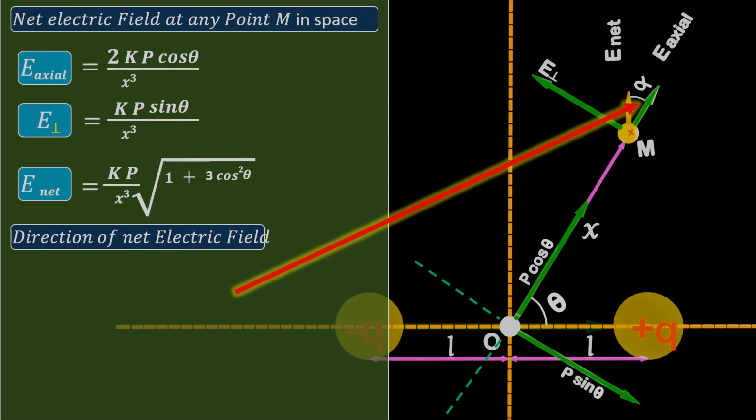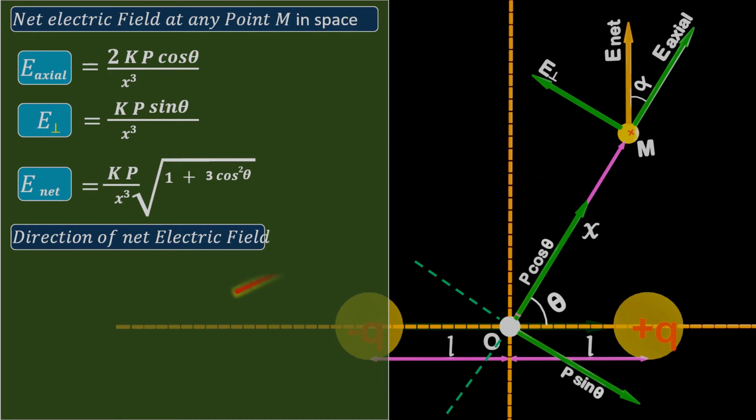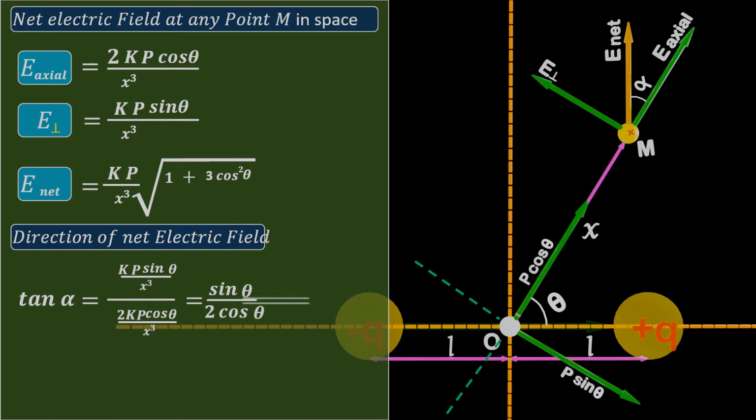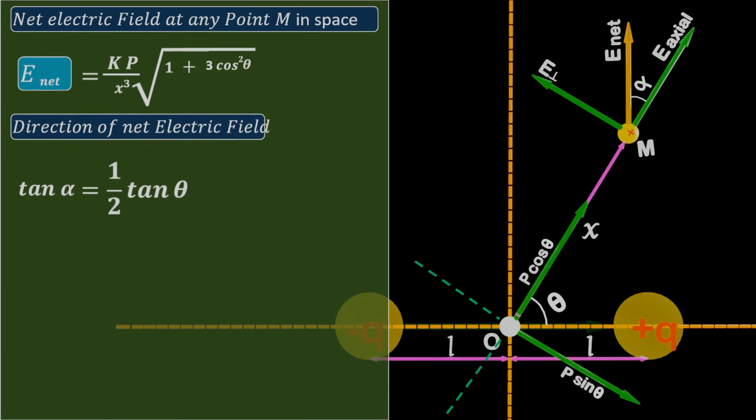To determine the direction of the net electric field, we need to calculate the angle alpha between E net and E axial. This angle can be found using the tangent of alpha, which is equal to E equatorial divided by E axial. Substituting the values of E axial and E equatorial, we can simplify the equation to sin theta by 2 cos theta, which can be further simplified to 1 upon 2 tan theta. This equation gives us the value of angle alpha. However, the question is, at what angle does the net electric field lie with respect to the axis of the dipole?